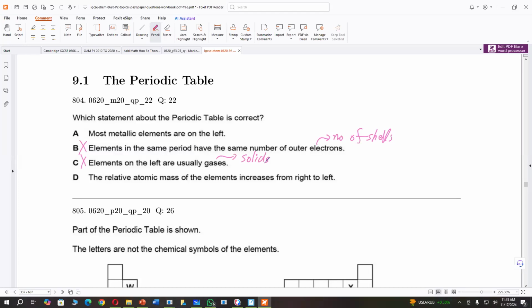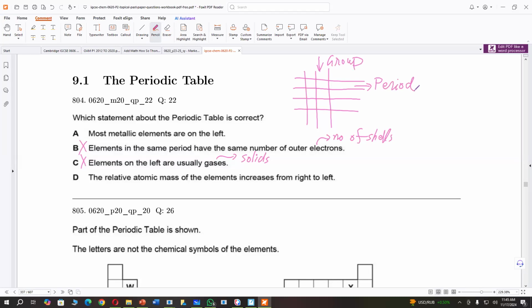The relative atomic mass of the elements increases from right to left.